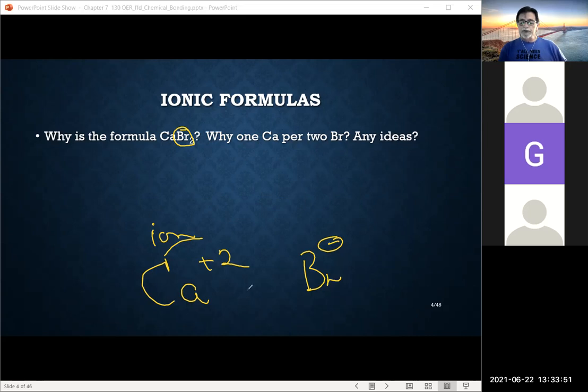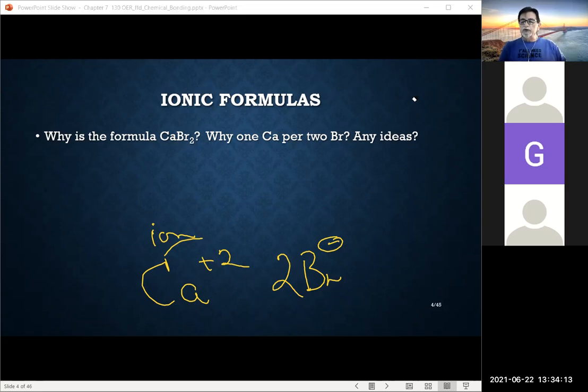And we have to put these two together. Now we have to put them together such that I need two negatives. So I put a 2 in front of the bromide to cancel out the +2 of the calcium. So that 2 becomes the subscript in bromide. I repeat that.